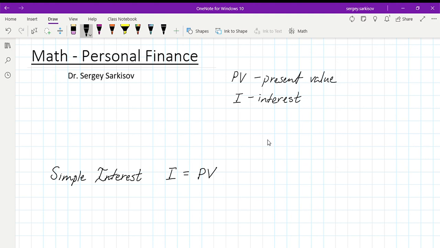We're going to talk about R being the annual interest rate. Annual is yearly, okay? Usually when you see R, it is the annual interest rate. For example, if you do half a year, you would multiply the half by the R. That's the idea there.